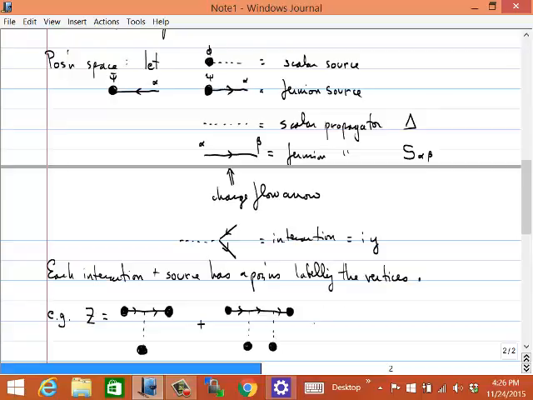Or if you wanted to consider, say, a 4 Fermi interaction, then you would have to consider a term in the generating function that looks like this. Oops, sorry.